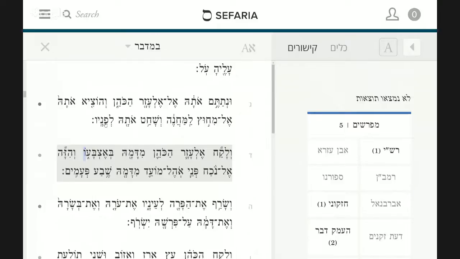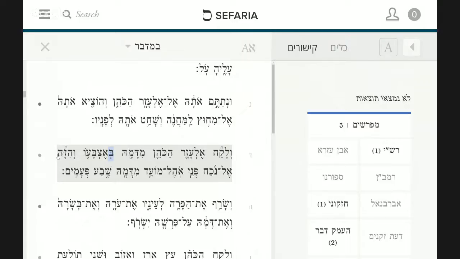It's not av because it's only one finger. It's singular, so when it gets attached to a singular noun, it's just o. And the b in this case is indicating with. Sometimes that's in or on, but in this case it's using or with. So using his finger. So Elazar HaKohen shall take some of the blood with his finger.